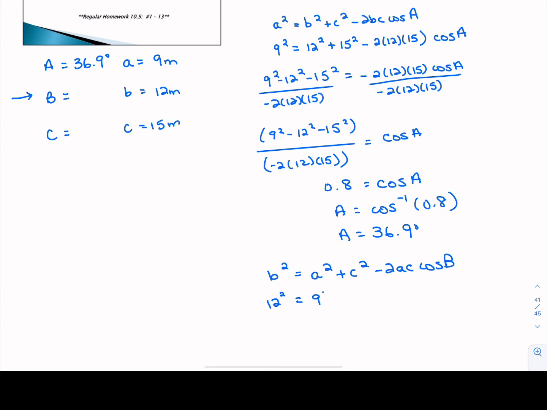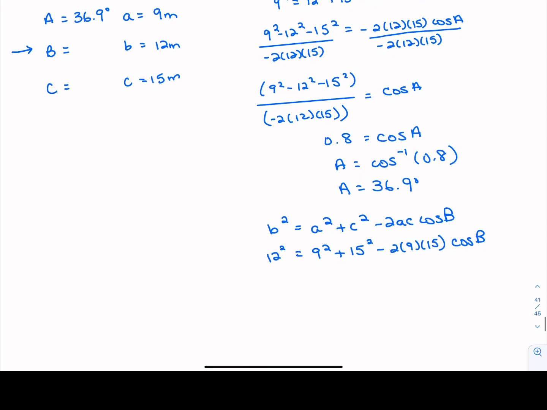That's equal to 9 squared plus our c squared value of 15 all squared minus 2 times 9 times 15 multiplied by the cosine of angle B. So we subtract. We've got 12 squared minus 9 squared minus 15 squared, and ultimately we will divide. So we've got negative 2 times 9 times 15 multiplied by the cosine of angle B on that right side.